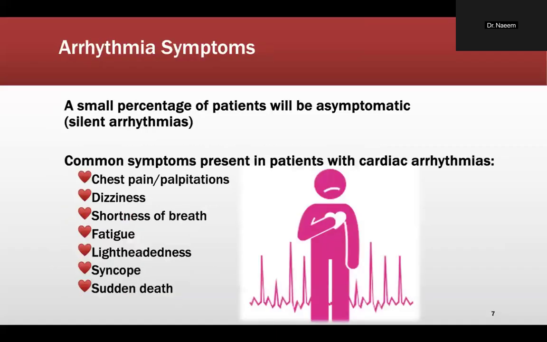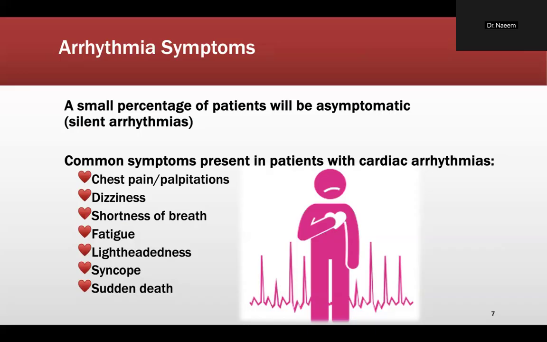A small percentage of patients will be asymptomatic. Patients won't necessarily feel any different, even if they have an abnormal heart rhythm or heart rate. The common symptoms present in patients are chest pain, palpitations, dizziness, shortness of breath, fatigue, and syncope. It could be as extreme as causing fatalities.